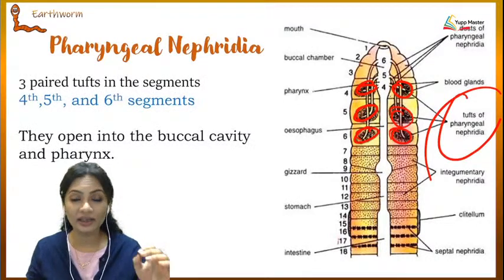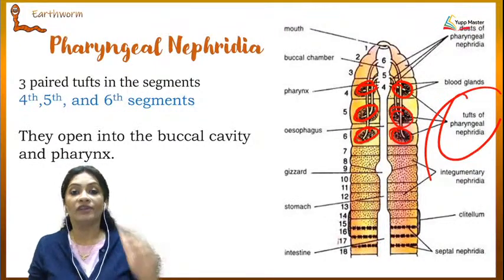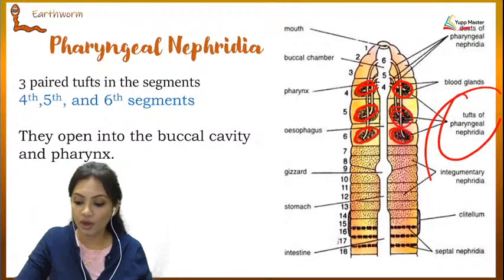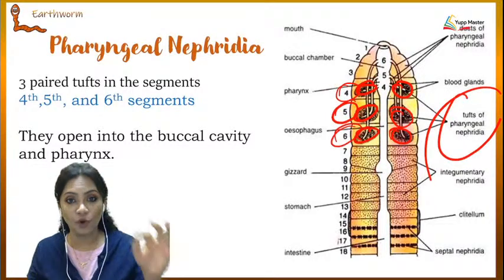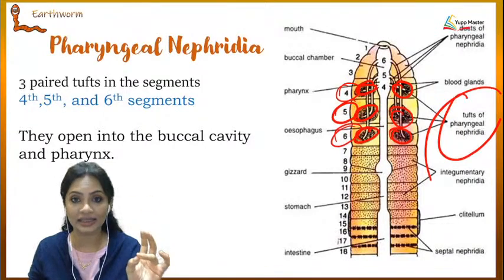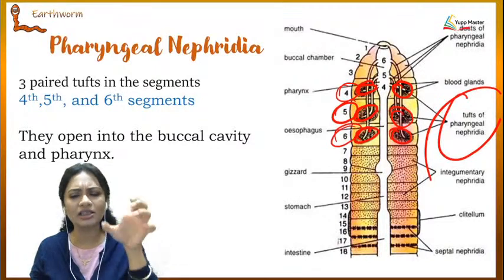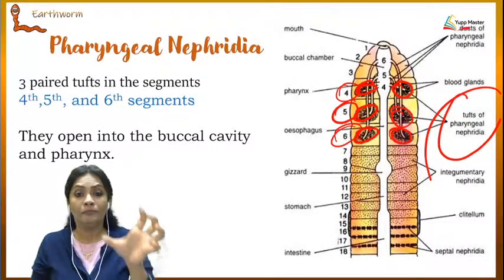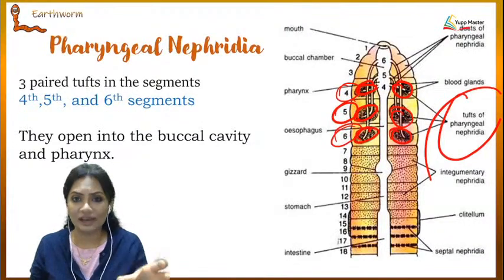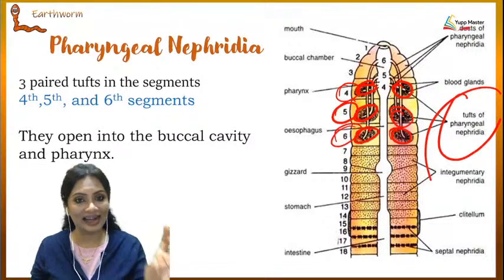They are located inside the segments, segments number 4, 5 and 6. So the 4th, 5th and 6th segments contain 3 pairs of tufts. Tufts means they are present like bundles over there.